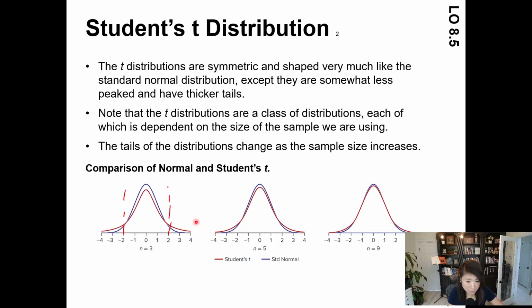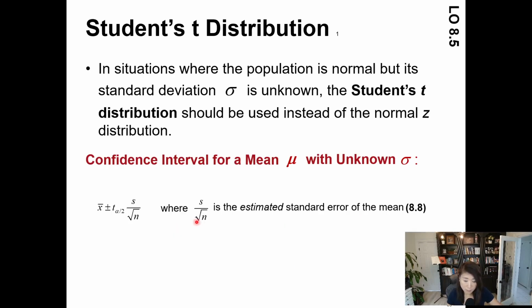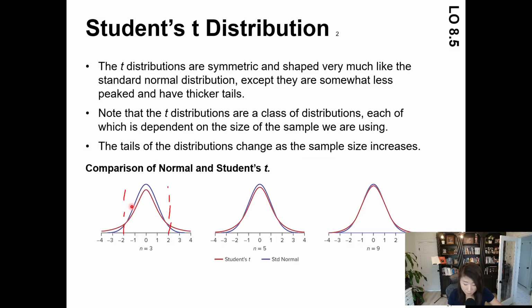Does that make sense as to why we use the Student t when calculating the confidence interval for the mean with an unknown sigma? When we don't know the population standard deviation and use the sample standard deviation instead, we introduce more uncertainty into our calculation. How can we reflect that uncertainty?